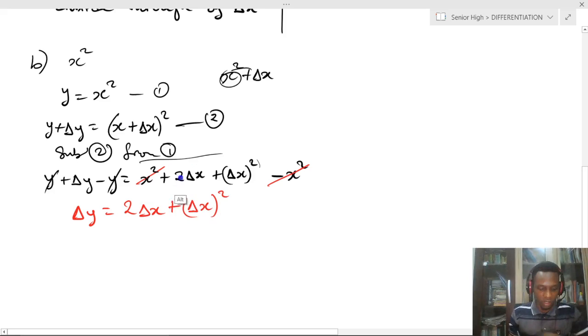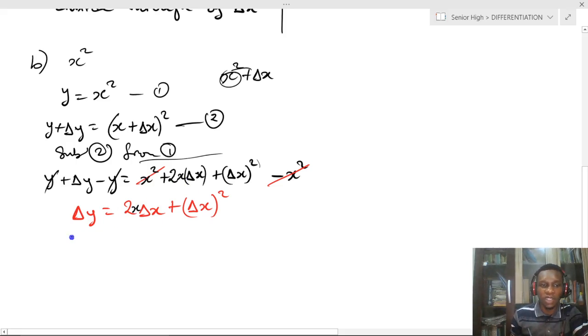Oh, sorry, I made a mistake. Here is actually meant to be 2x change in x. If you open these brackets, you can do it and see what I mean. It will be 2x delta x plus delta x squared. So therefore here will be 2x delta x.